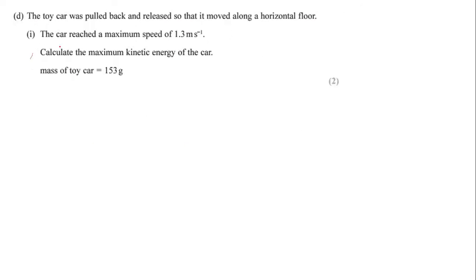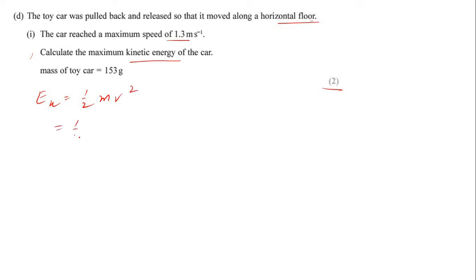Part D, the toy car was pulled back and released and it moves along a horizontal floor. The car reached a maximum speed of 1.3. Calculate maximum kinetic energy. Straightforward, easy 2-mark question. So kinetic energy EK is half mv squared.